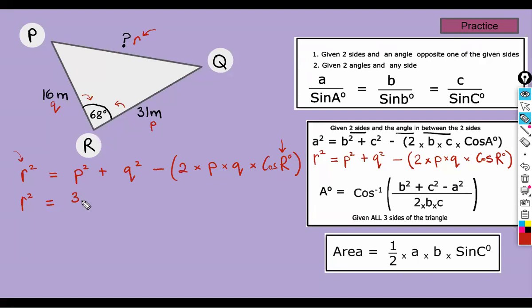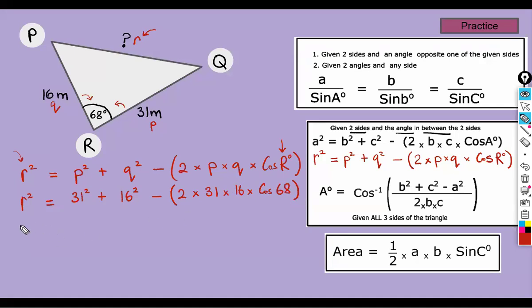Common p is 31 squared plus 16 squared minus, you have to put open brackets. This formula will not work without the brackets. 2 multiplied by how much is common p? 31. How much is common q? 16 multiplied by cosine 68 degrees.